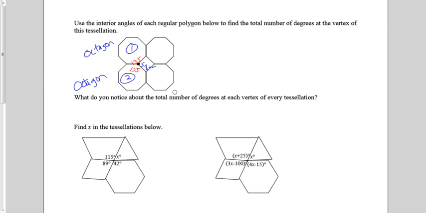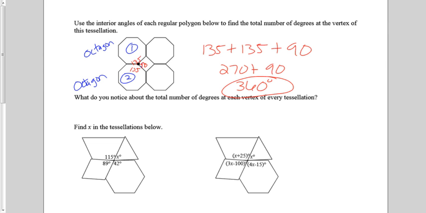And I know in a square that each angle is going to be 90. So this is 90. So let's see, I should have 135 plus 135 plus 90, which is 270 plus 90, which is 360 degrees. All the way around the single point is 360.